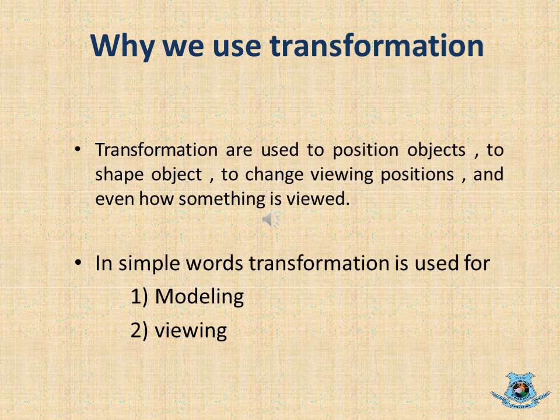The single point is also called the projection reference point or center point. In this, object positions are transformed to the view plane along lines that converge to a point called the center of projection, and these lines are not parallel to each other.